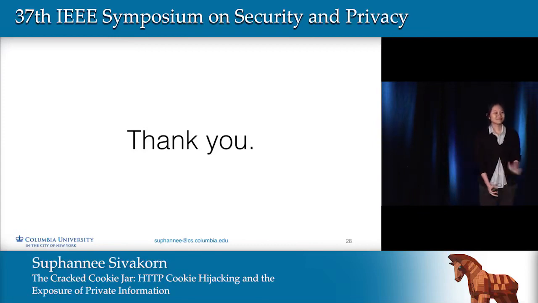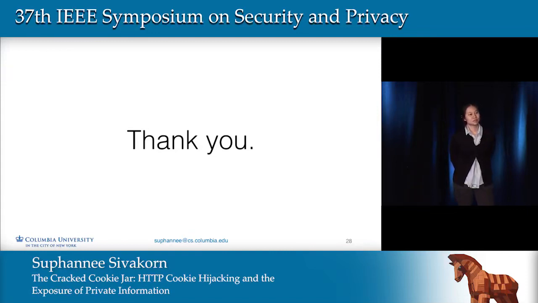Hi, Nick Nikiforakis, Stony Brook. I was wondering if your measurements should have gone much further than counting the sites that are using secure cookies. Even if you have a site that only has HTTPS parts, but is not using HSTS and is not marking its cookies as secure, then in your threat model a man in the middle can, on cats.com, add a reference for an imaginary resource on the victim website over HTTP, and your browser would then be forced to go out, even though there's nothing there, and actually leak the cookie.